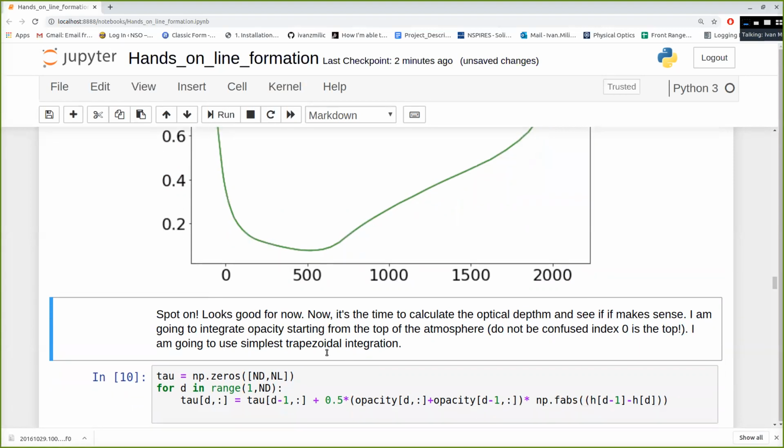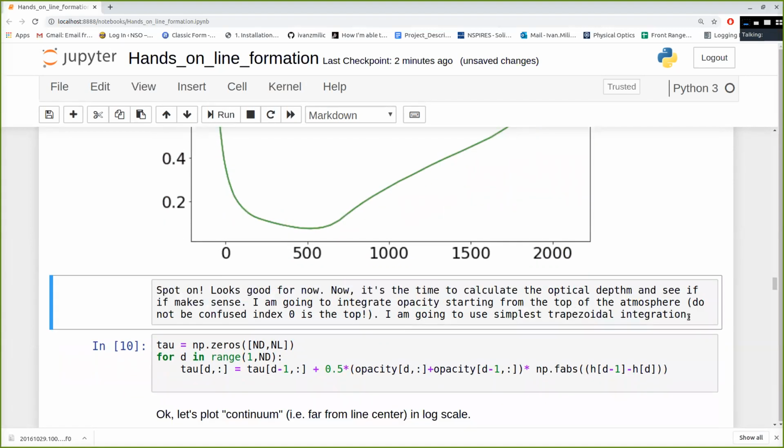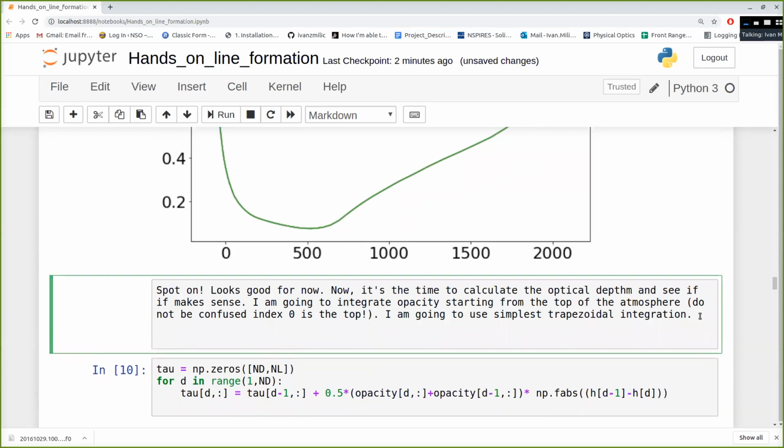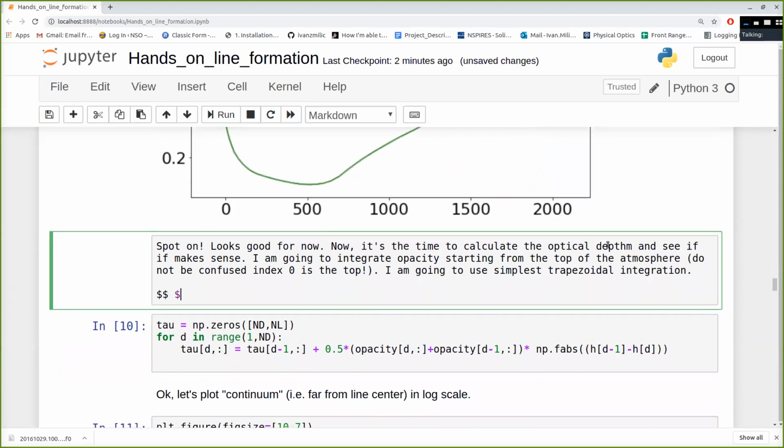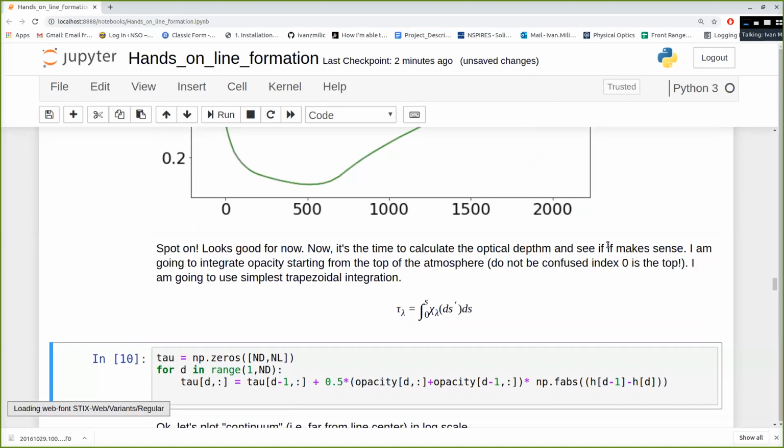The way that I'm going to do it is, let's add that, we know that optical depth at a given wavelength between 2 points is the integral from 0 to the total path, let's say, of opacity, something like this.